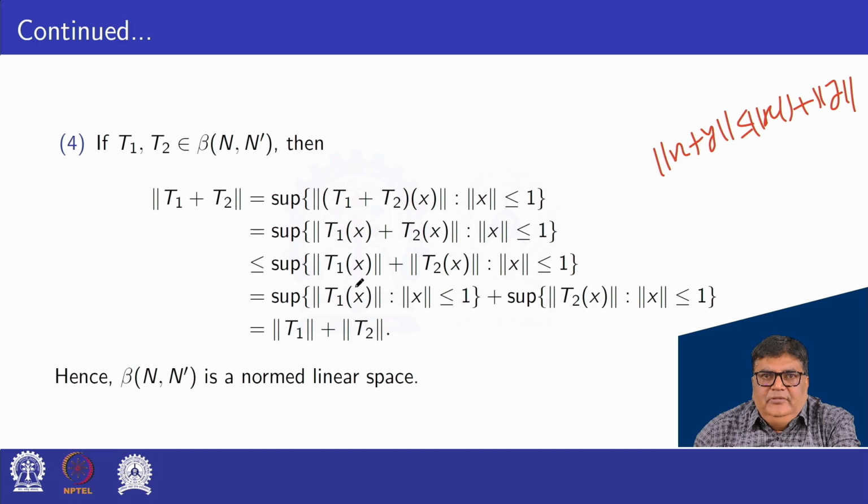Then the first term can be written as norm T1 and the second term as norm T2. Hence norm T1 plus T2 is less than or equal to norm T1 plus norm T2. Therefore, B(N, N') is a normed linear space.